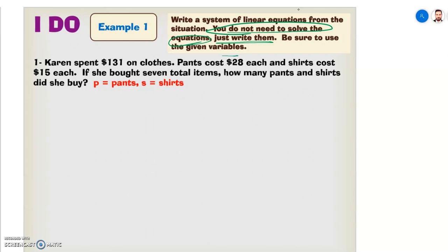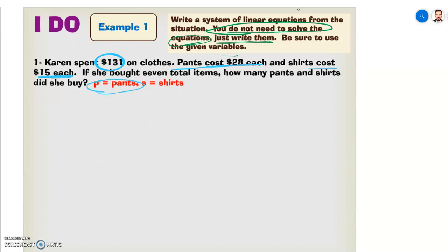Let's read it together. Karen spent $131 on clothes. Pants cost $28 each, and the shirts cost $15 each.